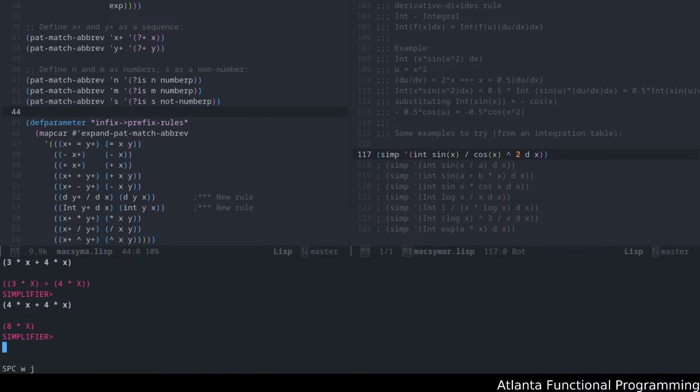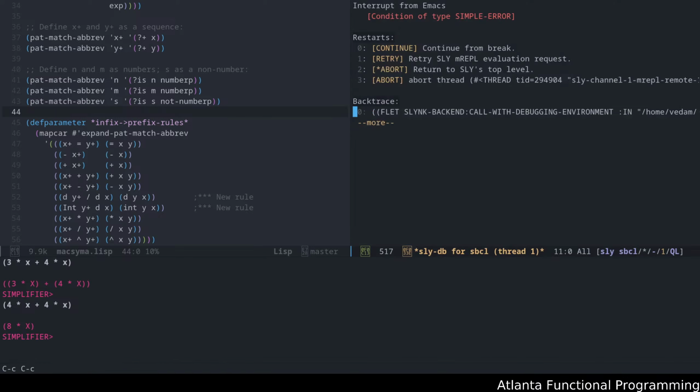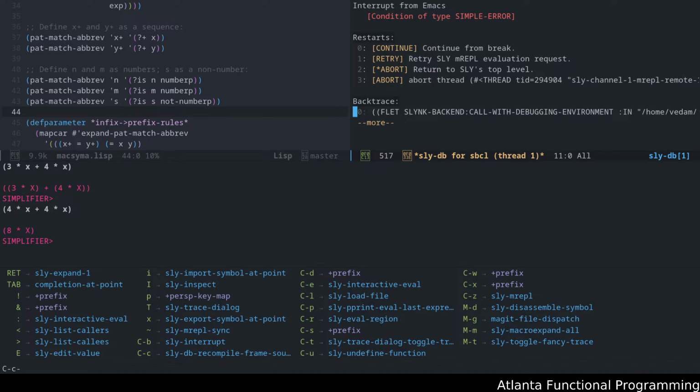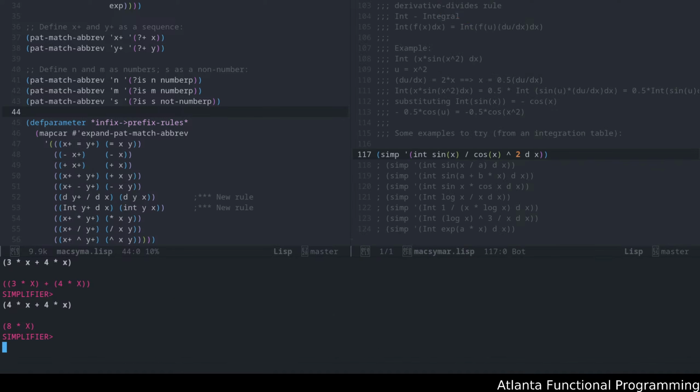If we run this, oh, hold on one second. I'm going to have to reduce this. Actually, why am I doing that? Let's just go ahead and, instead of doing that, we don't need to comment this out. We could just get this, yank it, paste and see what happens.